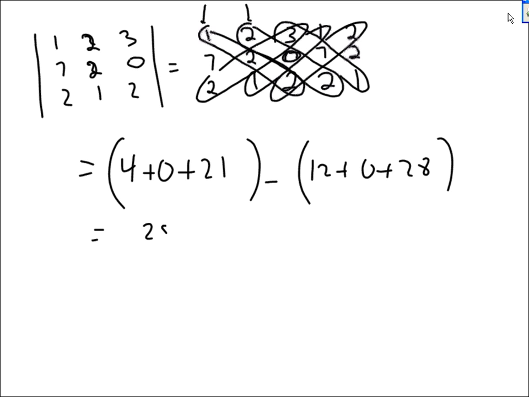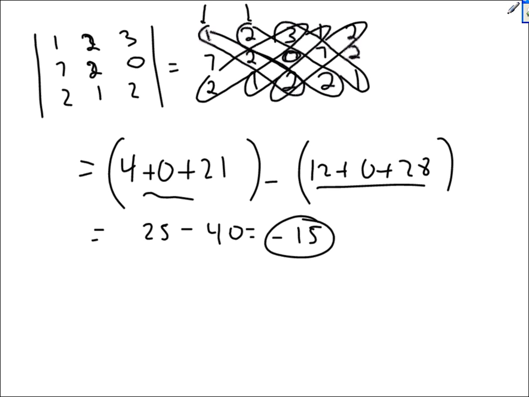So it's 25 in here, minus 40 in there, minus some silly arithmetic calculation, it's negative 15. It's called the tic-tac-toe method, the easiest way of calculating a 3x3 determinant.